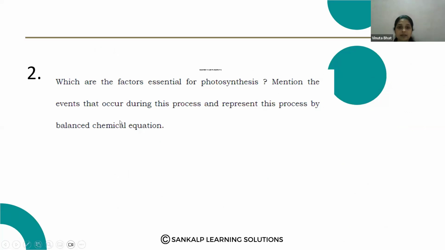Which are the factors essential for photosynthesis? Mention the events that occur during this process and represent this process by a balanced chemical equation.